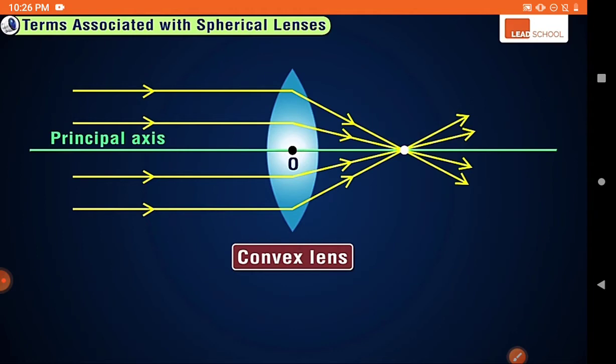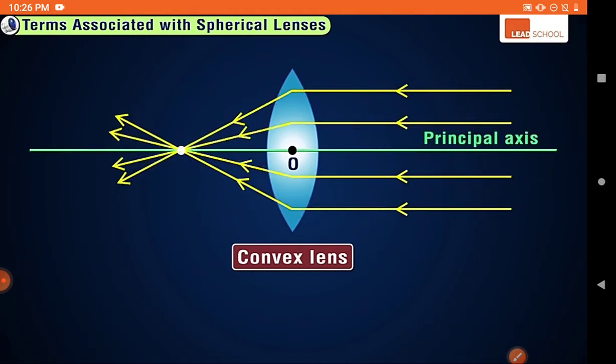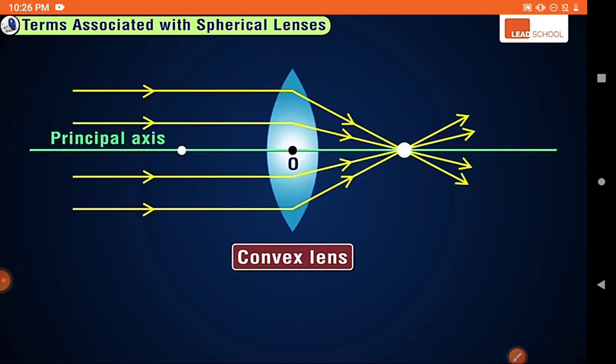You can see that the light rays could come from either the right hand side or the left hand side of the lens. Hence, there are two principal foci of the lens, which are denoted by the capital letters F1 and F2.